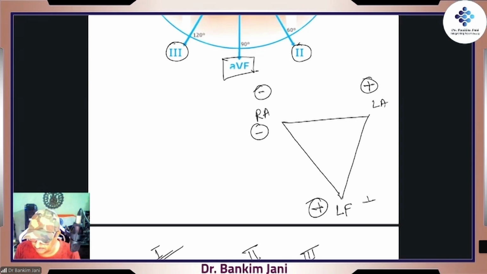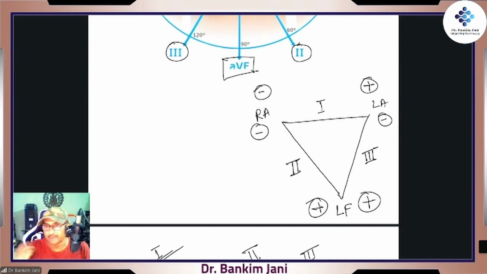Left foot is always plus, this one is minus. This much is okay. This would be lead 1. Right? This would be lead 2. This would be lead 3. All good? Okay. So we said that left foot is always plus. Yes, it is always plus. Perfect.